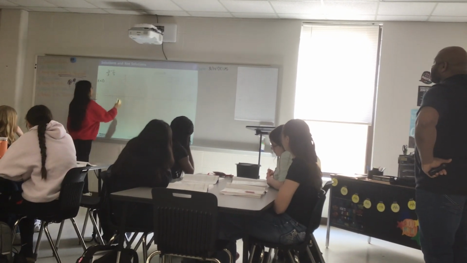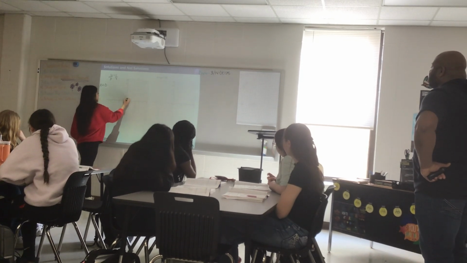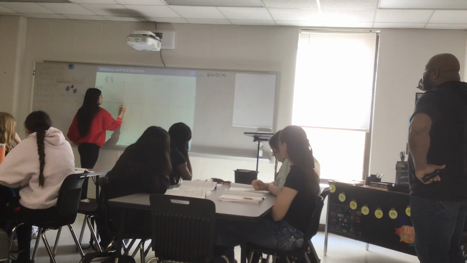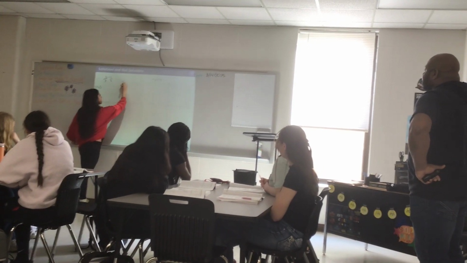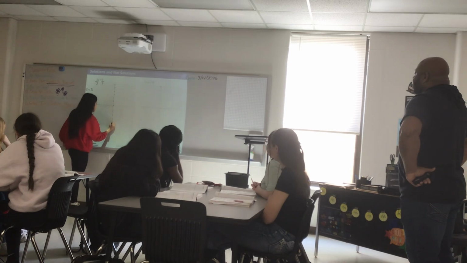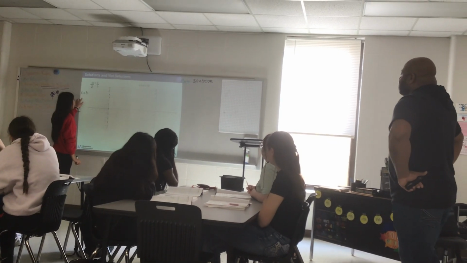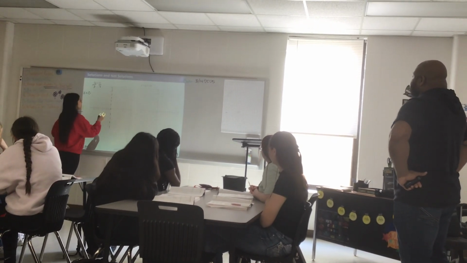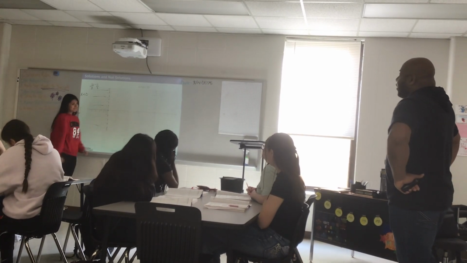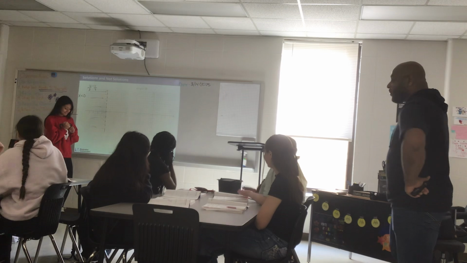So the line is gonna be through the 0, not through the origin. And it's gonna be a dotted line, since there's no equal to. And since it's less than, you're going to shade to the left.